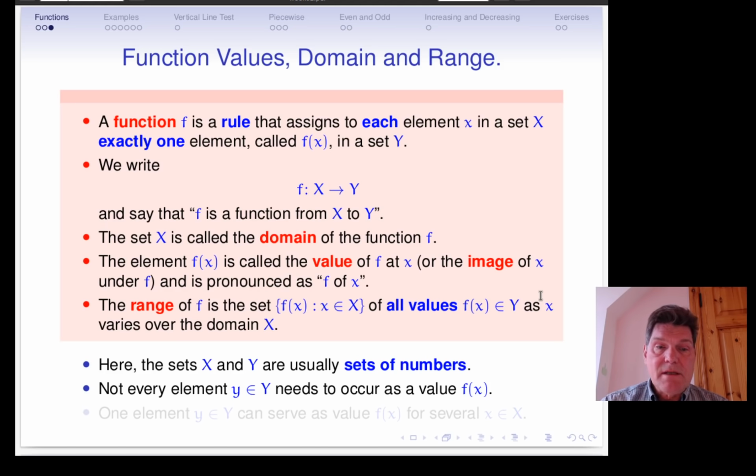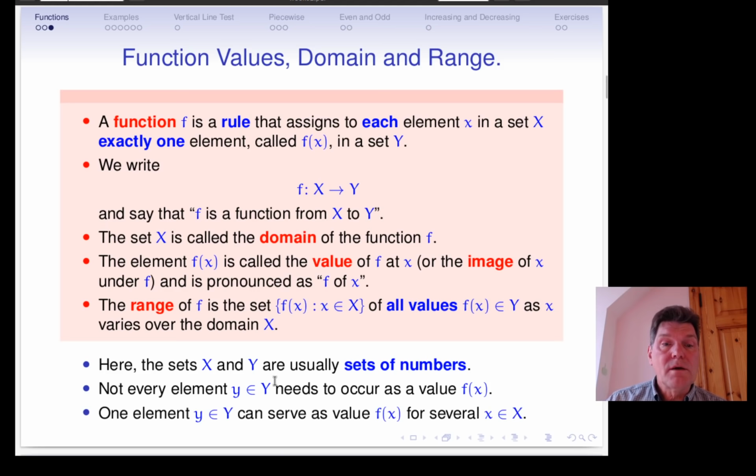That doesn't mean that every element y in the y set does actually occur as a value, and it is also possible that a given element y occurs repeatedly as a value f of x for several elements x in the x set. We'll see examples of functions now where we see all these concepts in action.